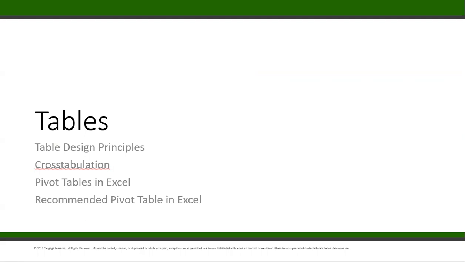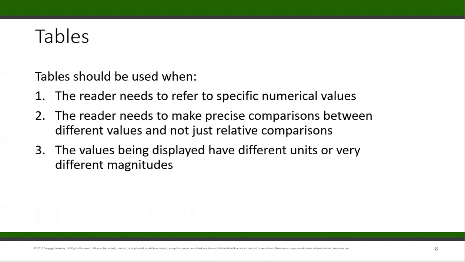Now for our data visualization, especially for this chapter in our book, we usually have a choice between tables and graphs. This is something that is usually up to the reader of the report, the reader of the visual.